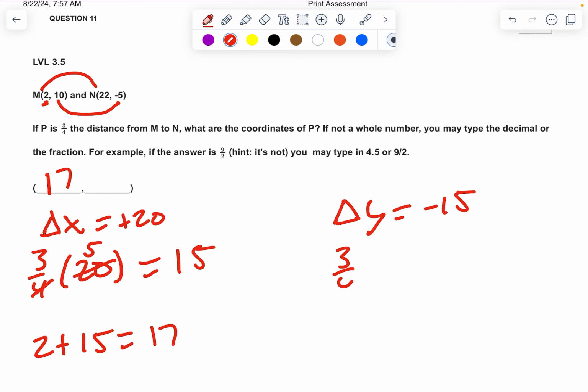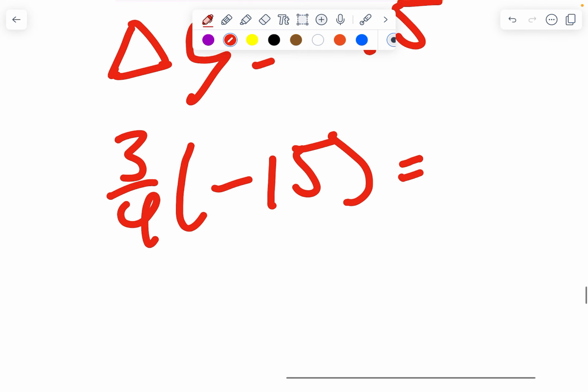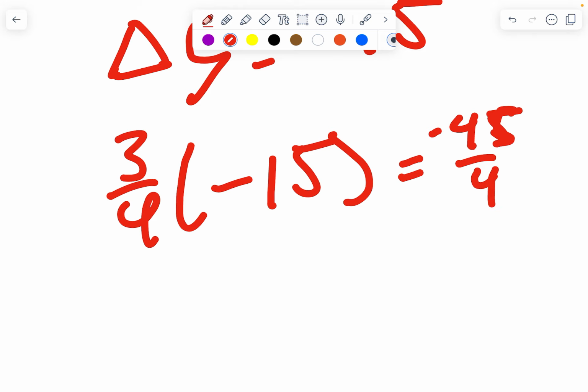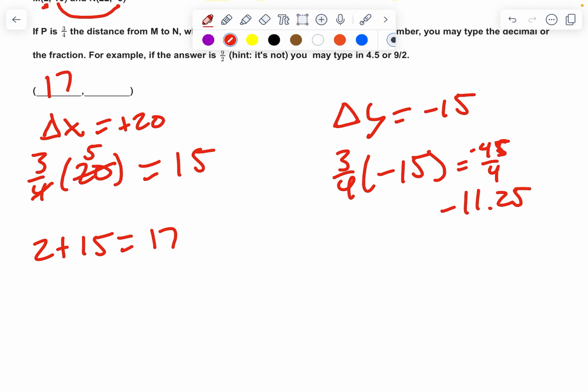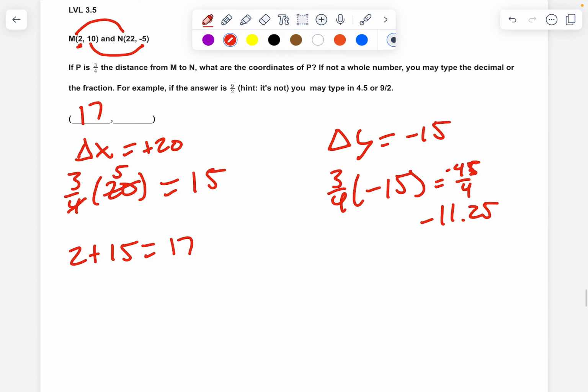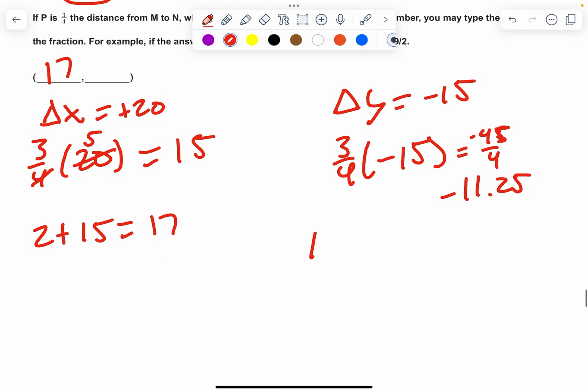We want to do 3/4 times negative 15. That does not reduce. So that's going to be 45, negative 45 over 4. Which is going to be a negative 11.25 if we want to think of the fraction. That's not the answer. We have to start at 10. So if we start at 10, we do minus 11.25.